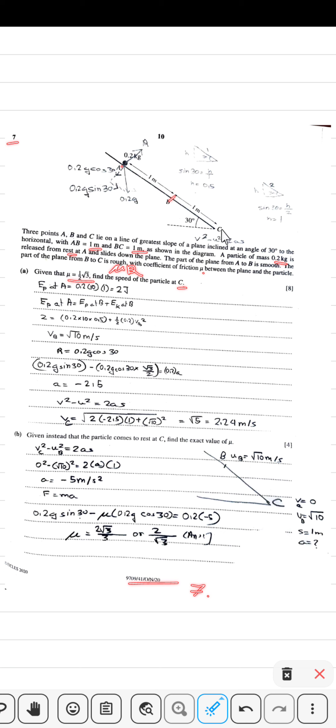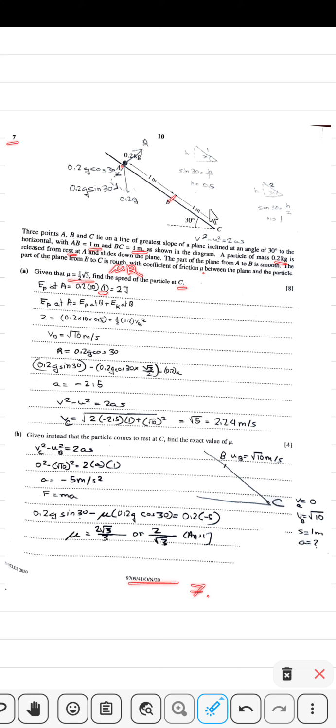To find the speed of the particle at C, first we know that the gravitational potential energy at A is equal to the gravitational potential energy plus kinetic energy at B, since there is no effect of friction. First we need the gravitational potential energy at A, that is mass times gravitational field strength times height.